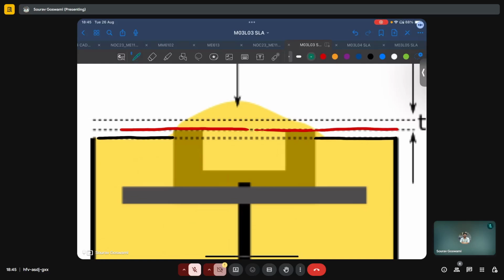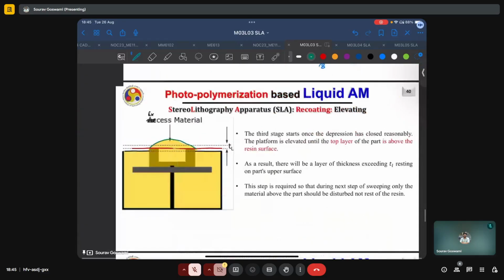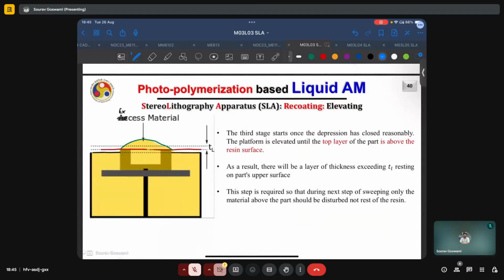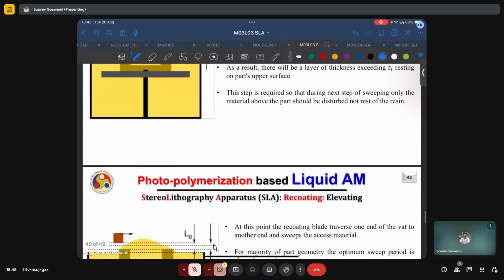And on top of this, highlighted in green, is say the profile at some time of the resin which has been accumulated on top of this printed part. As a result of this, there will be a layer of thickness exceeding the desired layer thickness TL resting on the part's upper surface. And this step is required so that during the next step of sweeping, only the excess material above the part should be disturbed instead of disturbing all of the remaining resin.